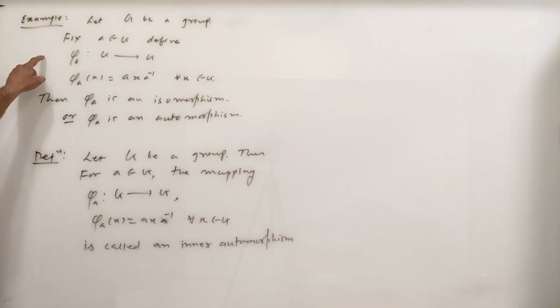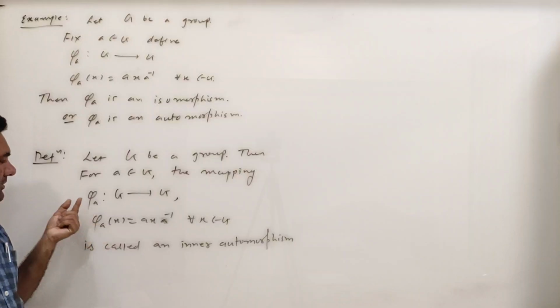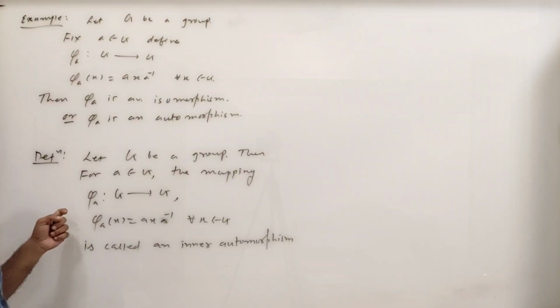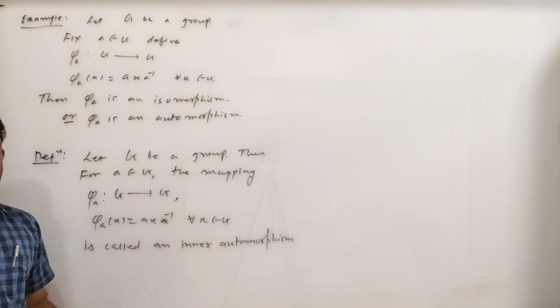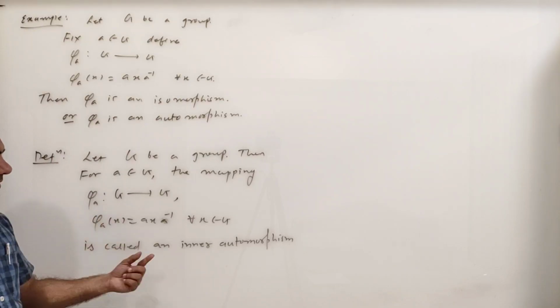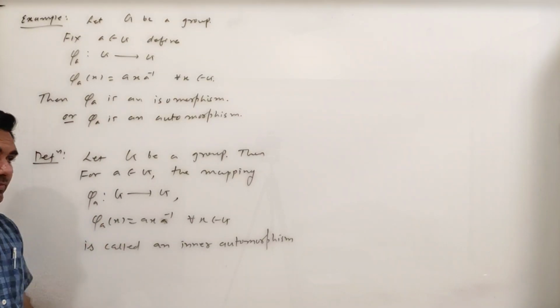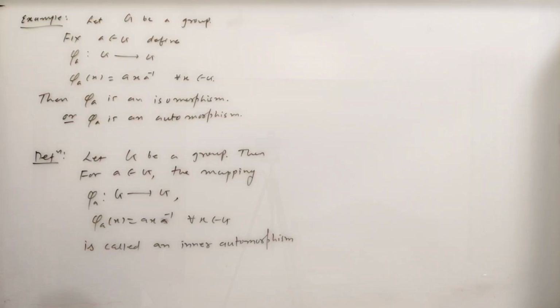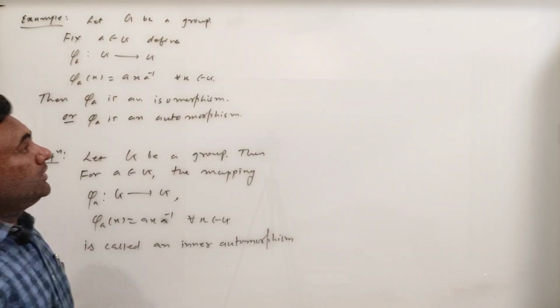And in this example we already proved that this mapping is an automorphism, or an isomorphism from G to G itself, so it is called an automorphism. But I give the special name inner automorphism to this automorphism. So this is my definition of inner automorphism.